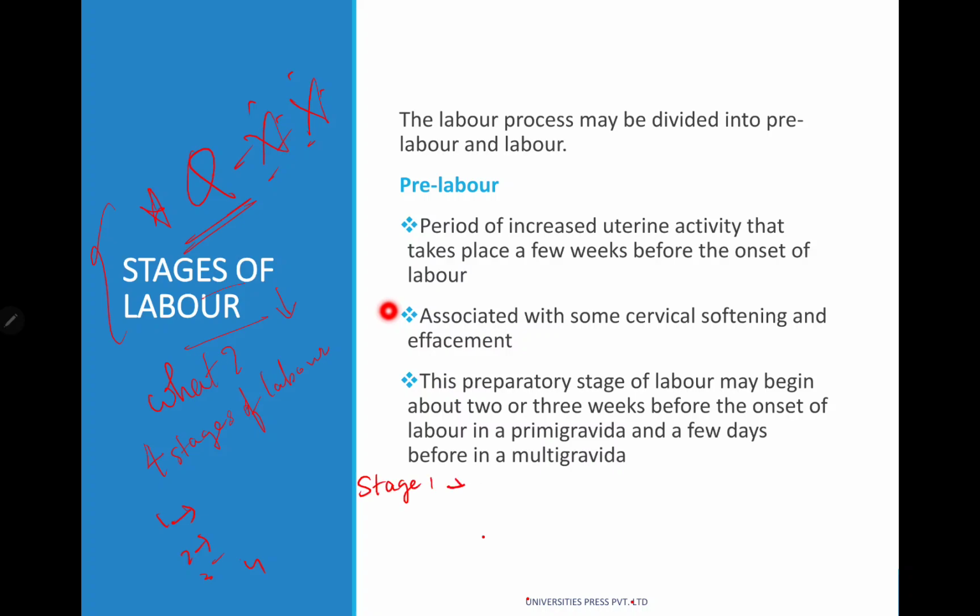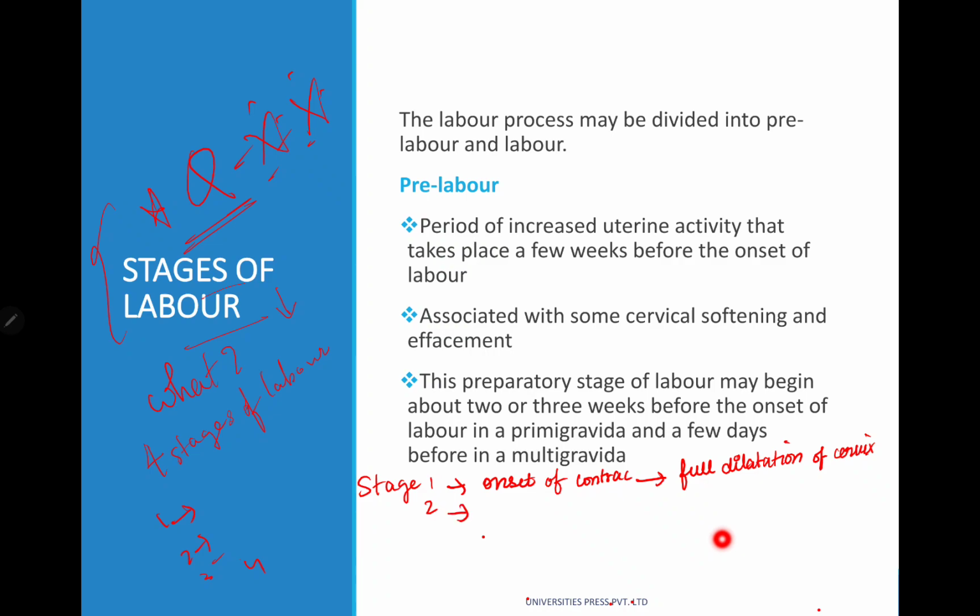Stage 1 of labor is very simple: from the onset of uterine contractions till the full dilatation of the cervix.